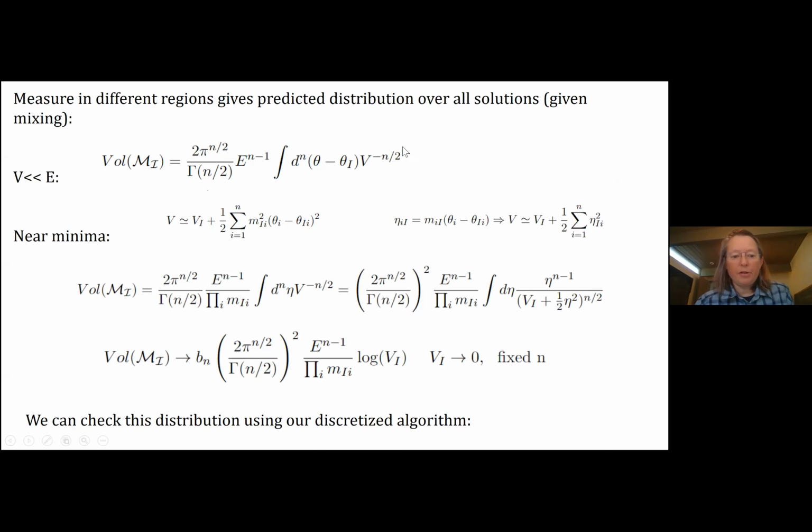Let me unpack this measure formula a little more. As we go toward low V, low loss, that formula that I had written earlier for the measure of a given region on phase space, let's apply it near small v, near some local minimum.